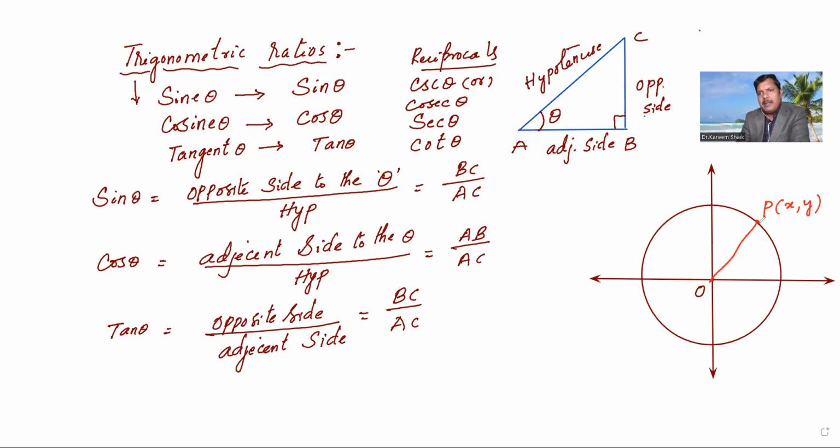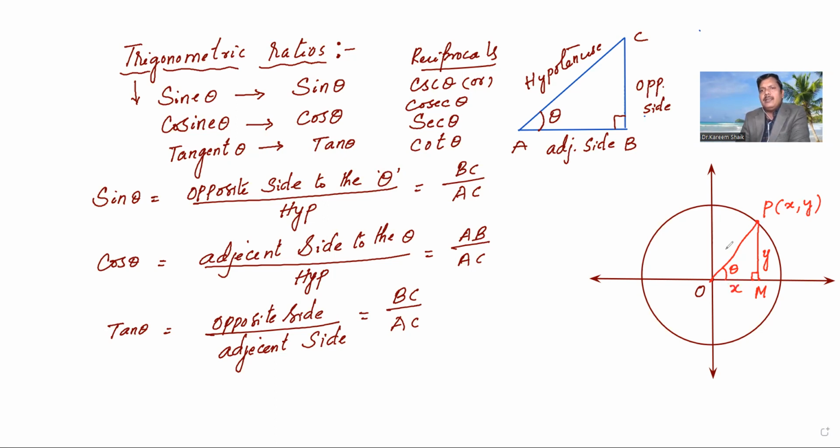If I draw a perpendicular from P on the x-axis, suppose it meets the x-axis at M. If I consider this angle as theta, then with respect to theta, PM is the opposite side. So can I say that the length of PM is y, the y coordinate, and OM is nothing but x?